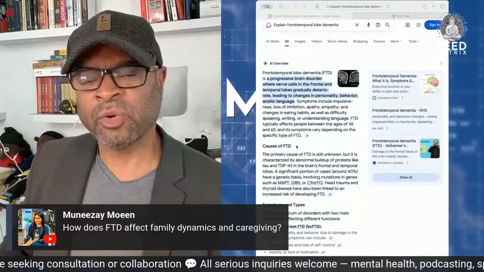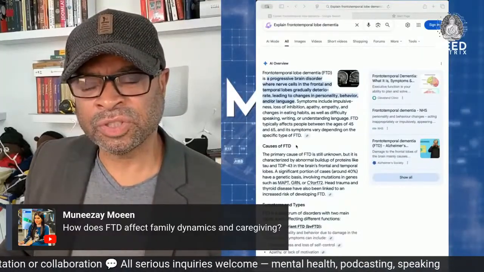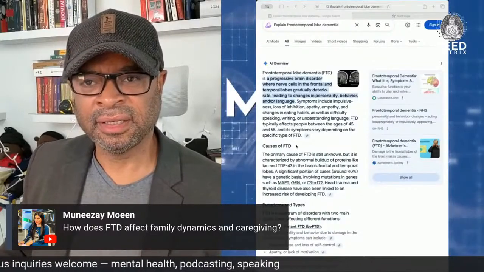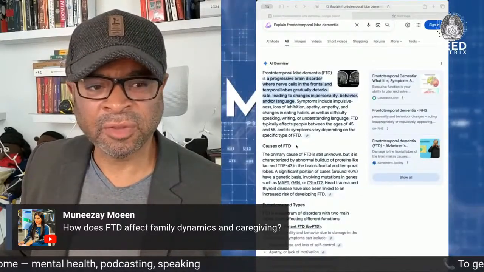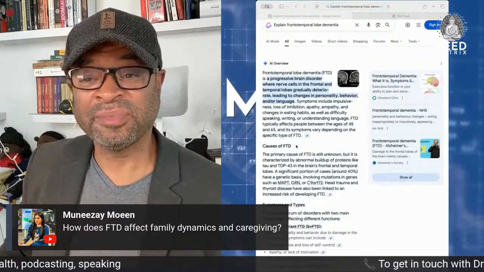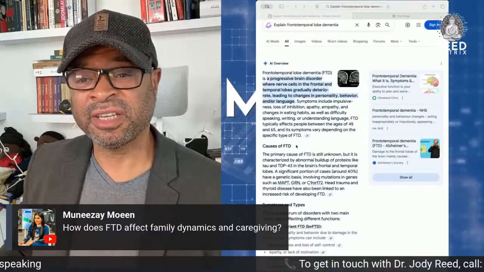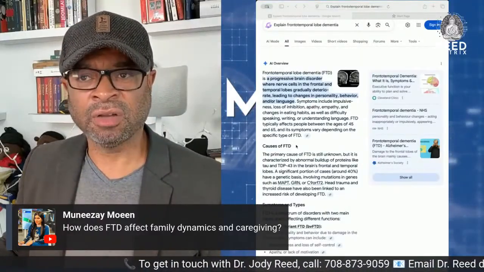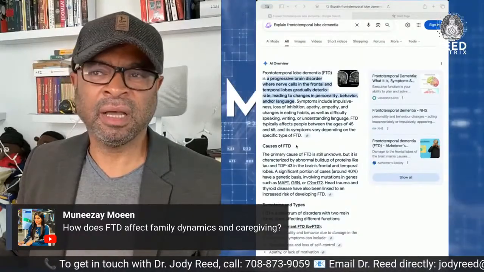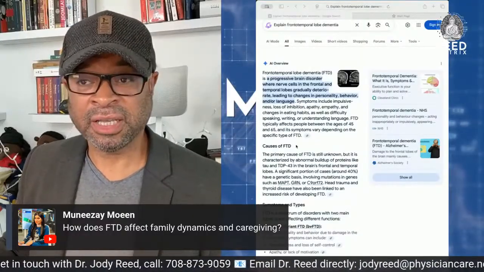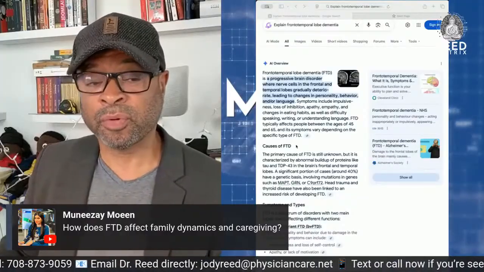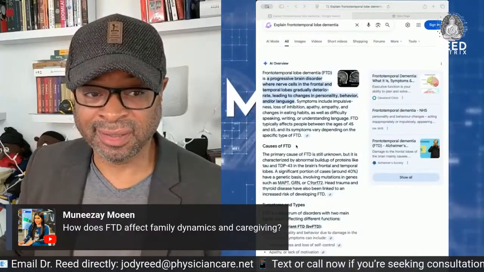And so this happens in what's called a stair-step phenomenon. All the other ones occur more gradually, but this one is more of a stair-step phenomenon. So all of a sudden they changed. All of a sudden this happened. And unfortunately, they may not recover to their previous level of functioning.